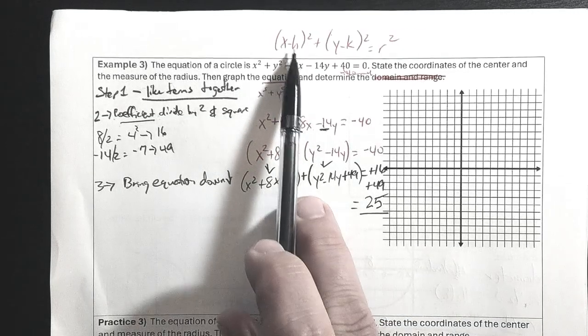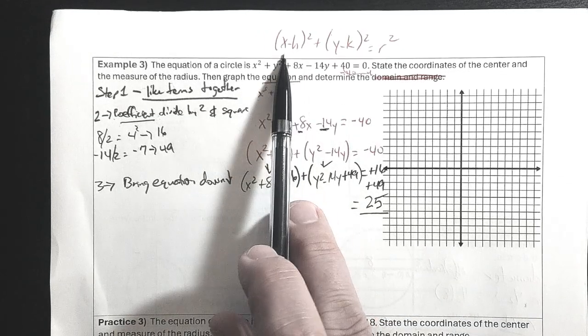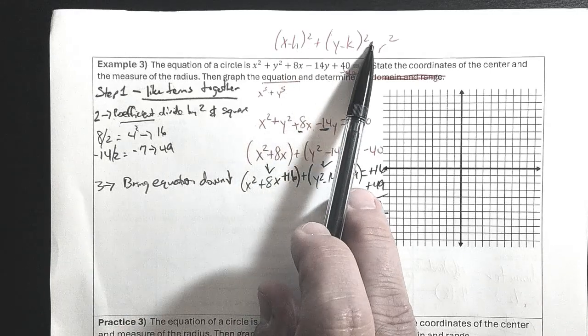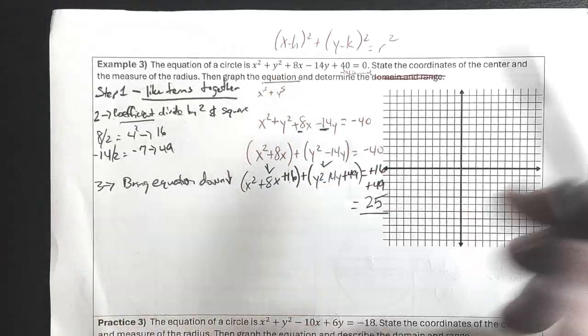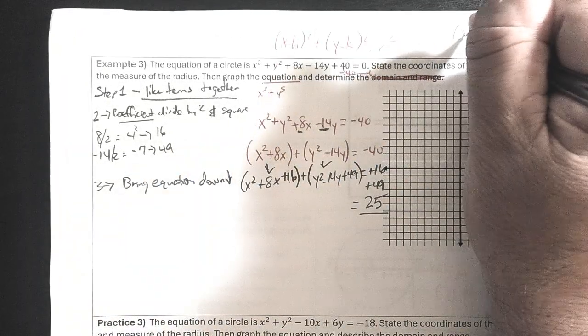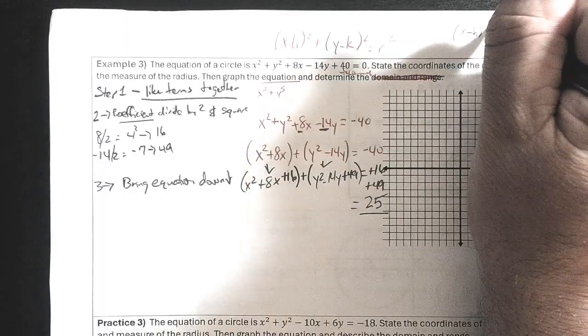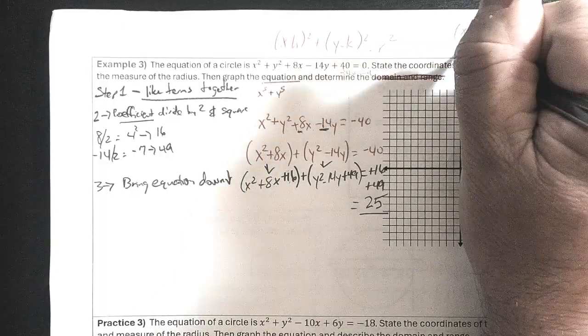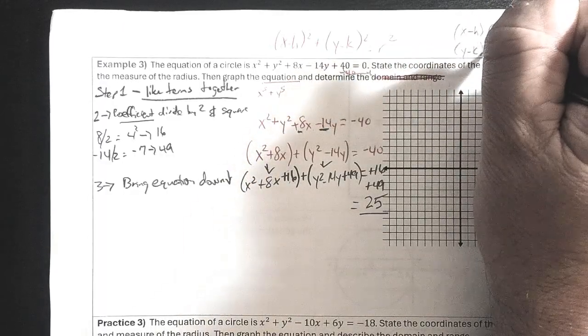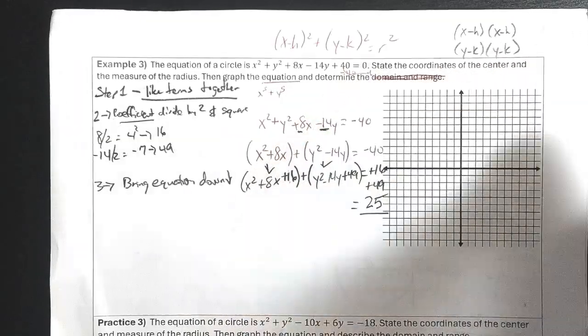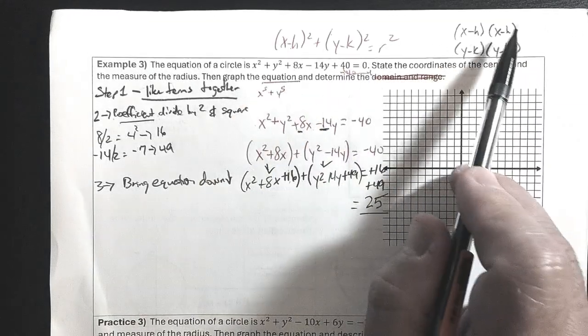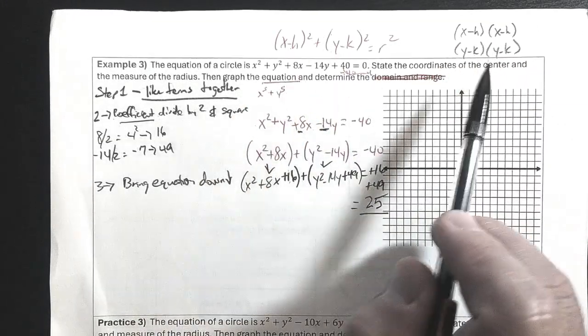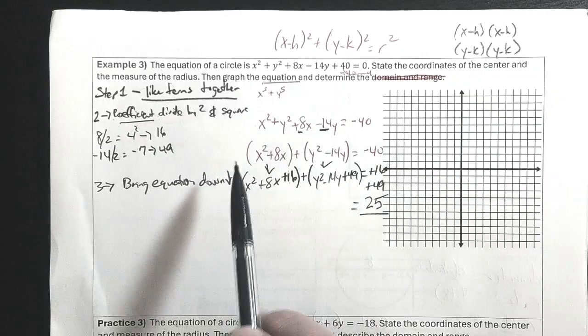Remember, if it's x squared, x minus something squared, y minus something squared, this is the same as, hold on, let me write it and then I'll move my big hand out of the way. So this squared is the same as this times this. This squared is the same as this times this. So the numbers match up.